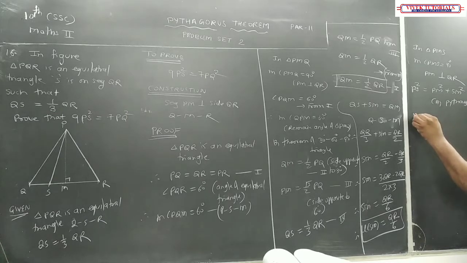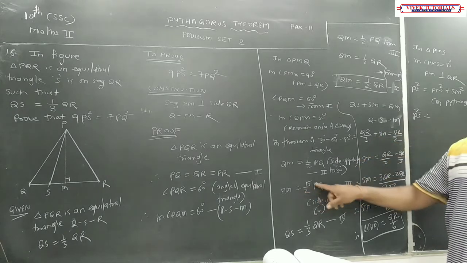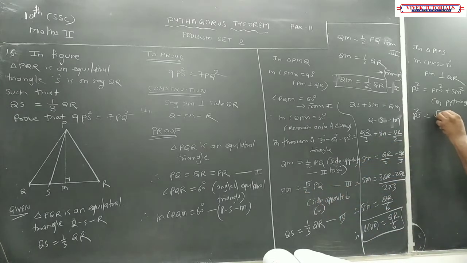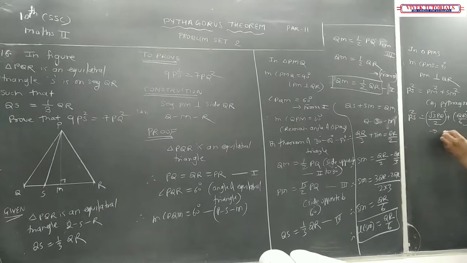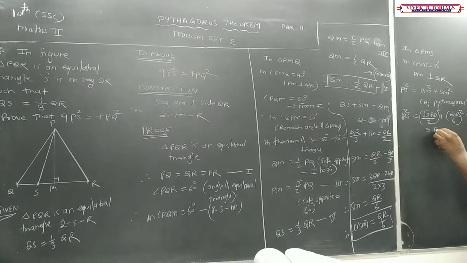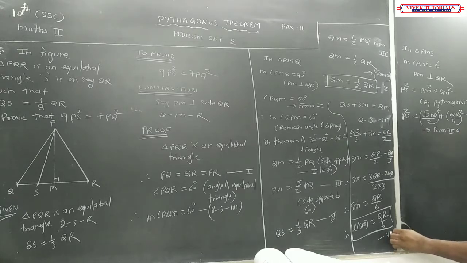So PS square is equal to, instead of PM, I can write root 3 PQ upon 2 the whole square, plus SM is QR upon 6 the whole square. Is it right?